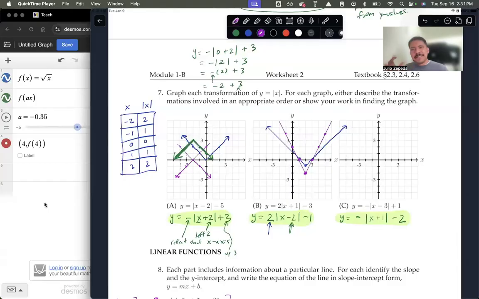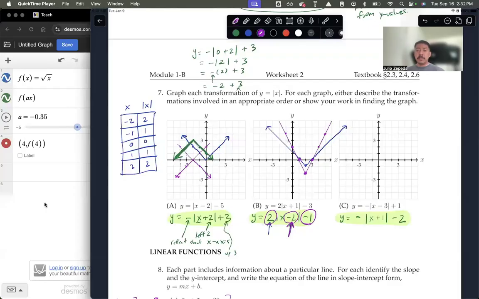And the reason I said, oh no, I kind of made a mistake. Well, it wasn't really a mistake, but I didn't go according to my rule that I just mentioned in the previous problem. Working from the inside and working my way out, I should have first gone to the right 2 and then stretched it vertically and then shifted down 1 unit. It would arrive at the same function that I have graphed there in purple.